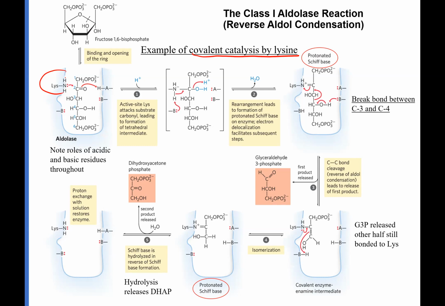Lysine has the R group that's going to perform a nucleophilic attack on our fructose 1,6-bisphosphate after it has been linearized in the catalytic active site.